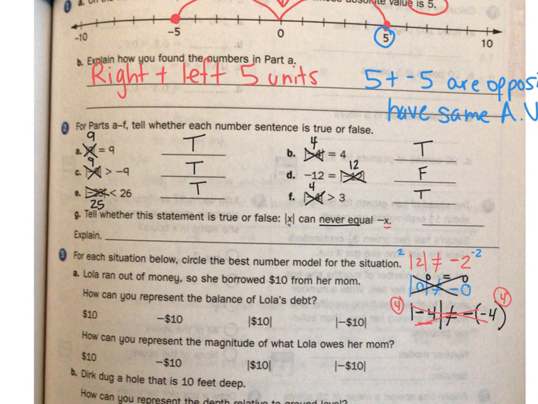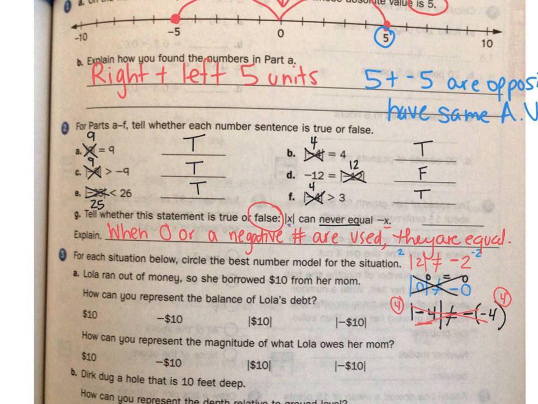So is the statement true or false? The absolute value of x can never equal the opposite of x? Well, it is false because when 0 or a negative number are used, they are equal, aren't they? Interestingly enough. All right, let's move on.